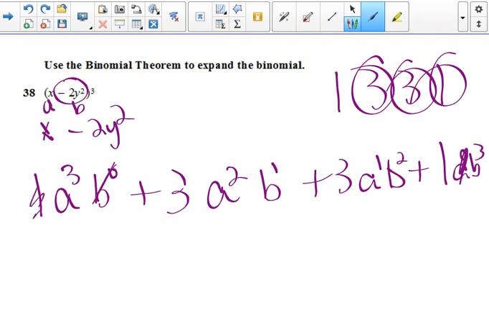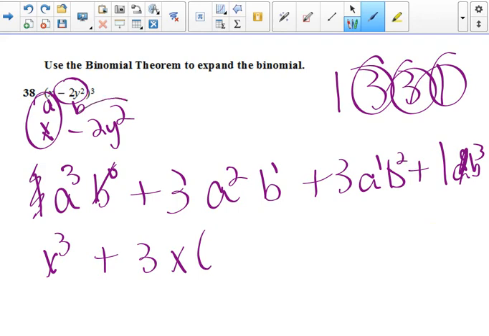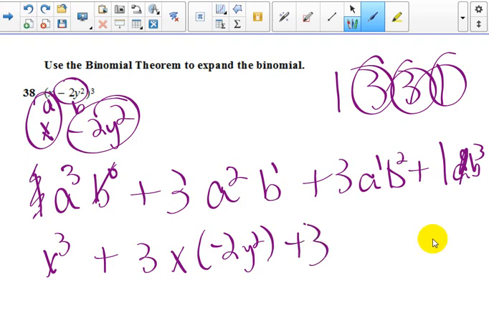And now, we've got a cubed, and our a is x, so we've got x cubed. Now we're just substituting, plus 3 times a squared, a is x, and our b is, we're going to substitute -2y squared, plus 3 times a to the first power, a is x, times b squared.